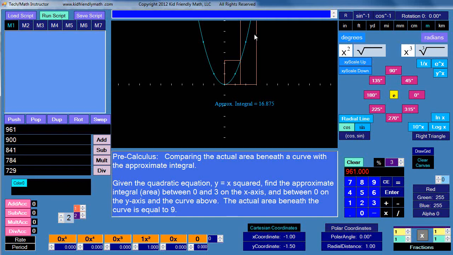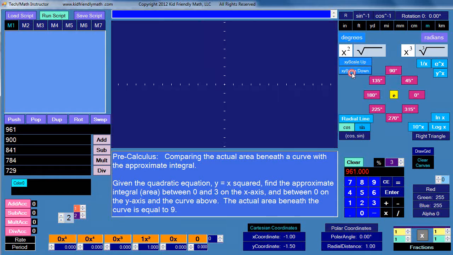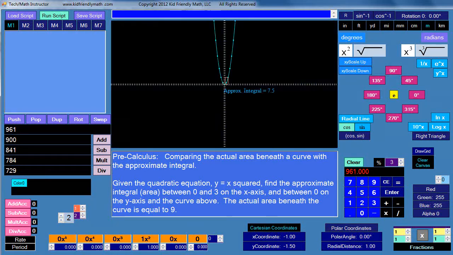So that would be between 0, there's 1, there's 2, so that's up to the third point, and I'll show it to you just so you can verify that. Yep, there it is. There's 3. Alright, so you know it's going to that point up there. And then I'll zoom back in now.